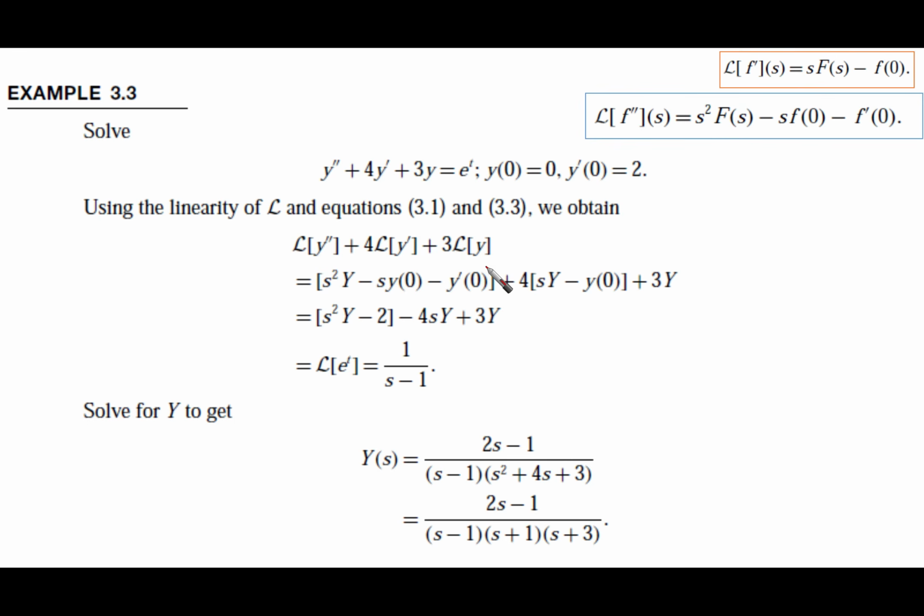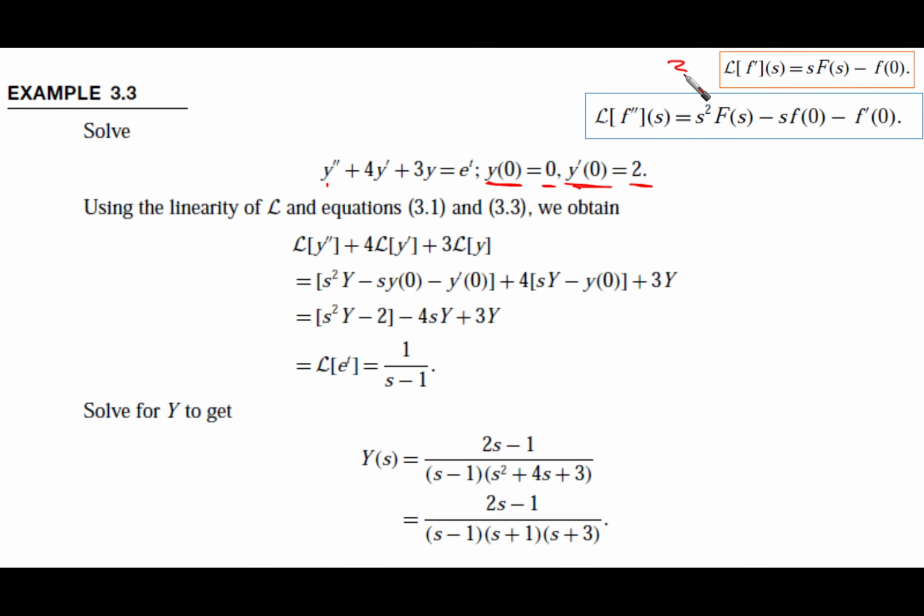Now let's go to the next example, which is going to be a little bit higher than before in terms of the derivatives. We're going to solve y double prime plus 4y prime plus 3y equals e to the t, and it's an initial value problem. We have y of 0 equal to 0, y prime of 0 equal to 2.